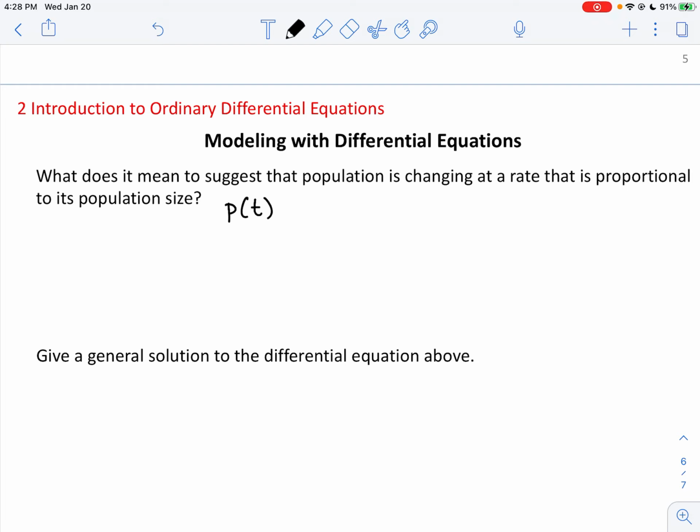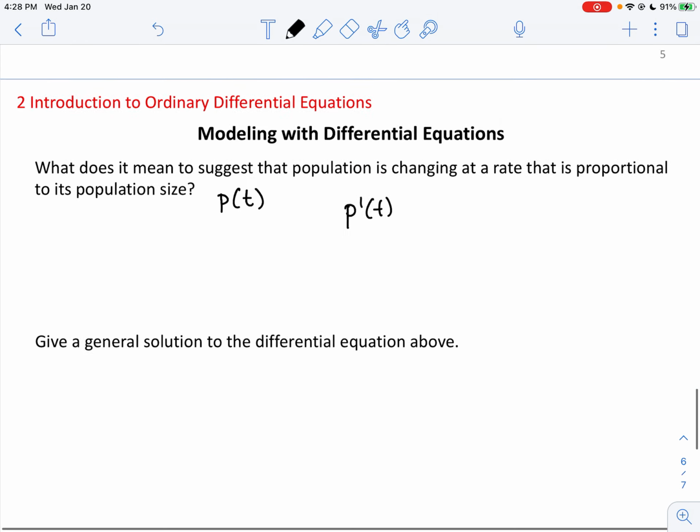So population is a function of time. So I use P for population, T for time. Population is changing at a rate, right? So that suggests a derivative. So this is saying that P prime of T, the rate at which population is changing with respect to time, is changing at a rate that is proportional to its population size.